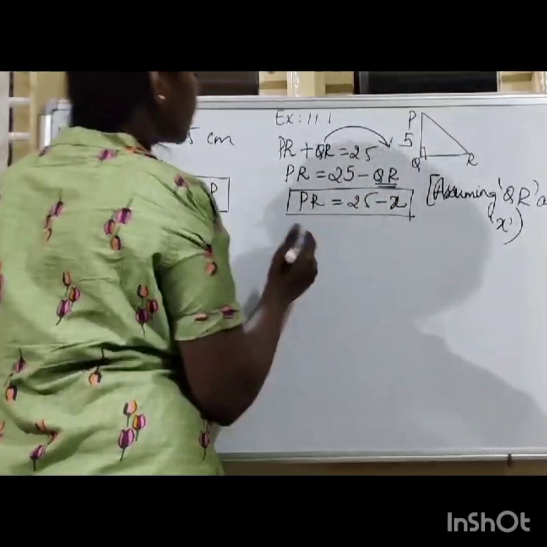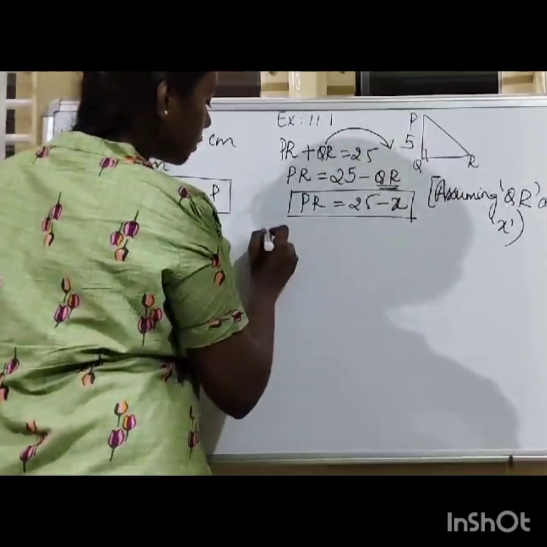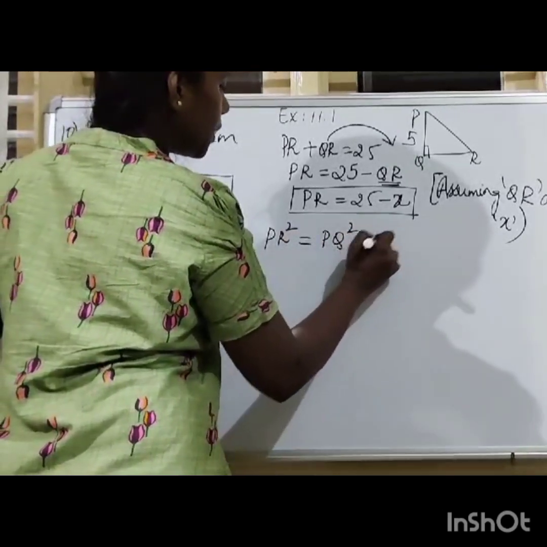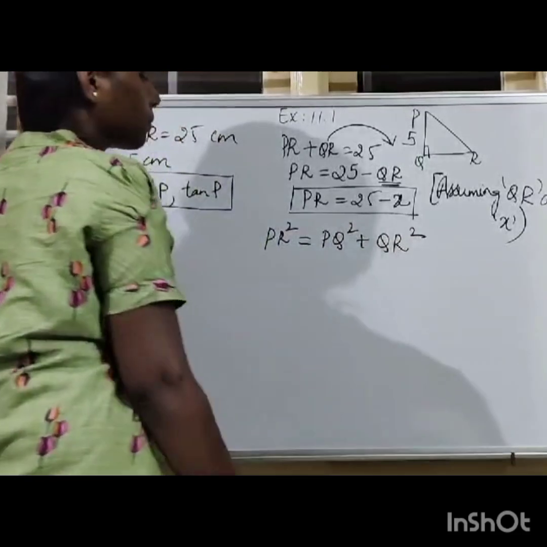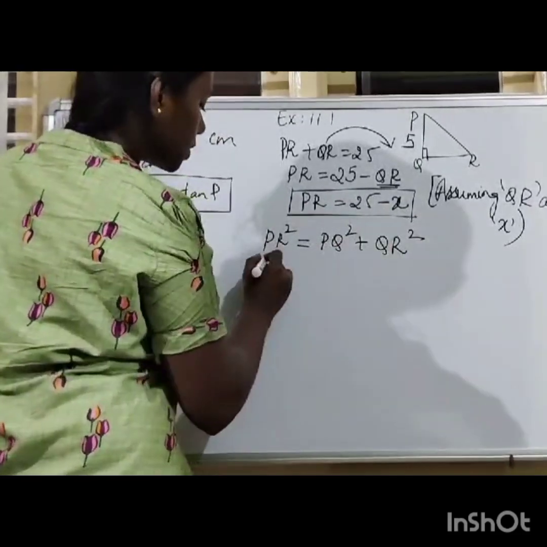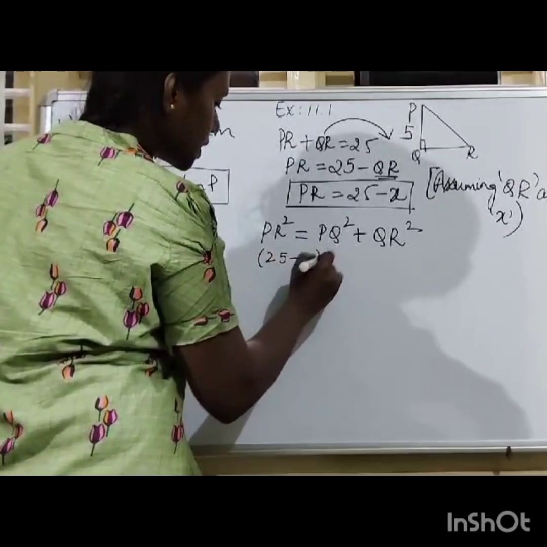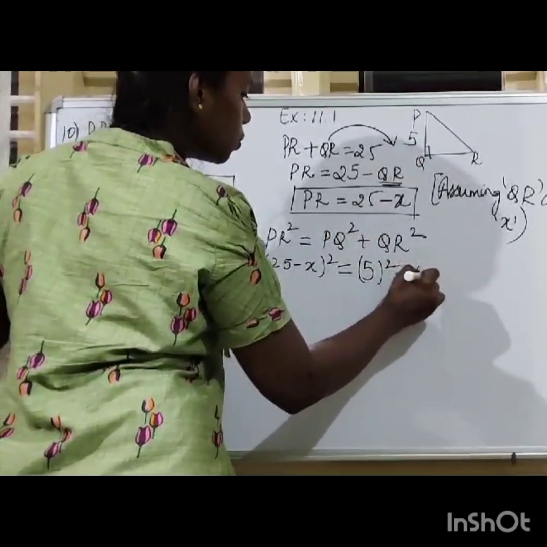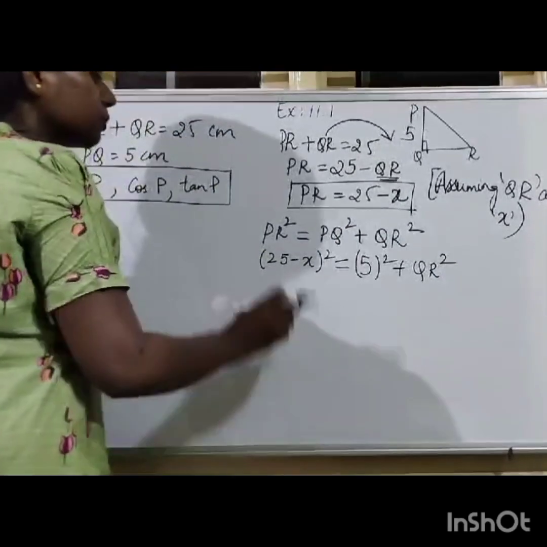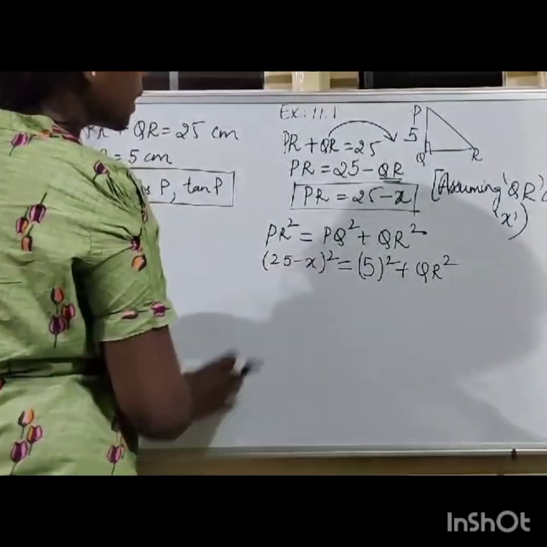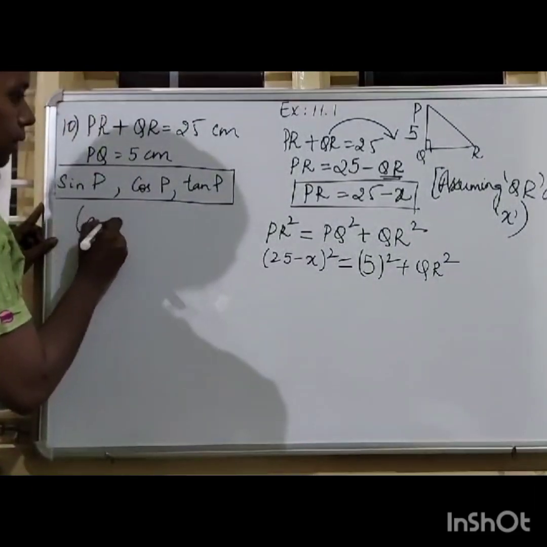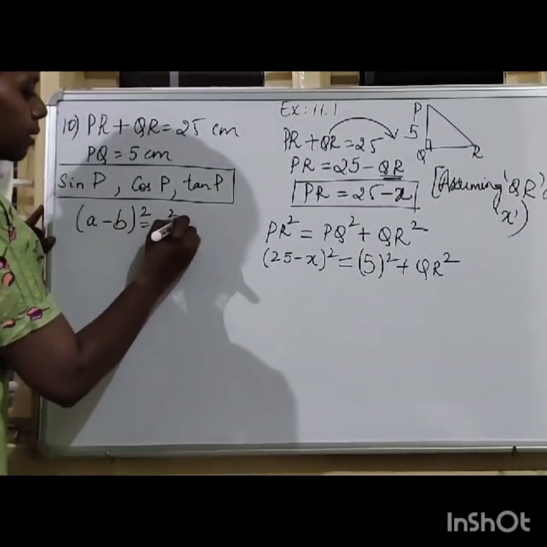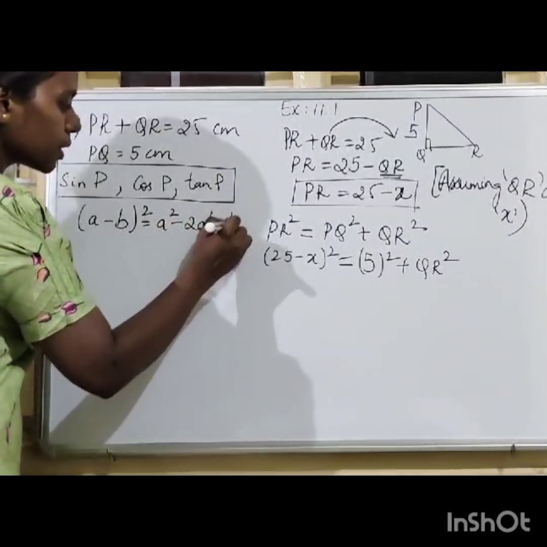Now for this let us apply the Pythagoras formula. PR square is equal to PQ square plus QR square. PR we have got as 25 minus x, the whole square, is equal to PQ which is 5, the whole square, plus QR square, we don't know the value. 25 minus x the whole square is in the form of a minus b the whole square. The formula is a square minus 2ab plus b square.